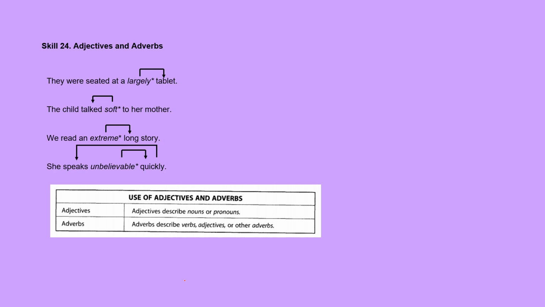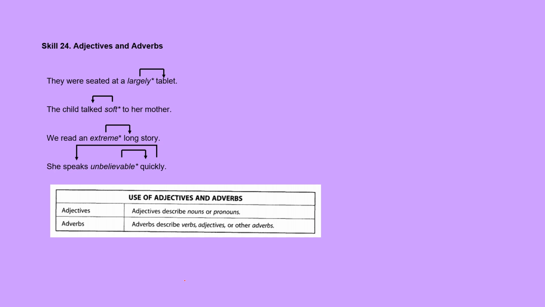For the second example, the child talked soft to her mother. We can find a verb, talked. And then we can find an adjective, soft. Remember, the function of an adjective is only one function, that is describing a noun. While in this sentence, soft as an adjective describes a verb.